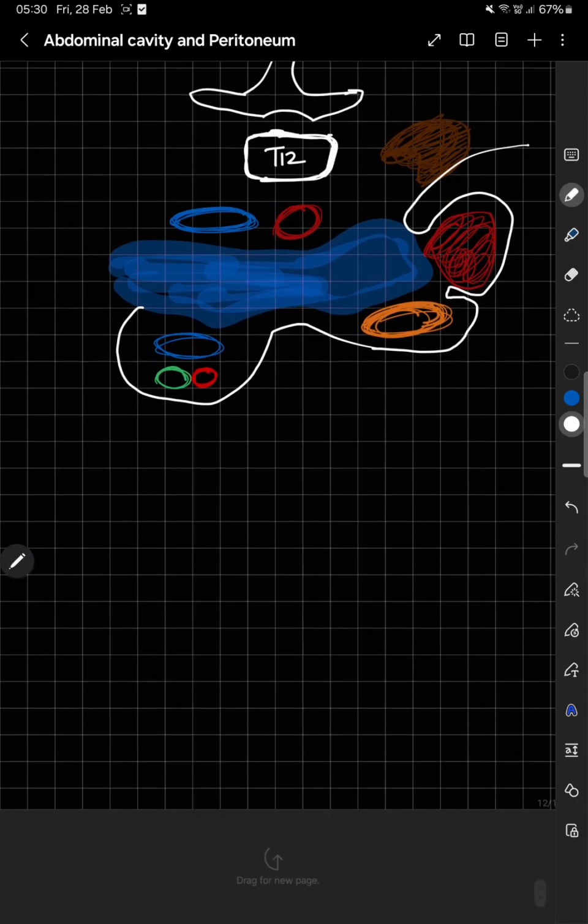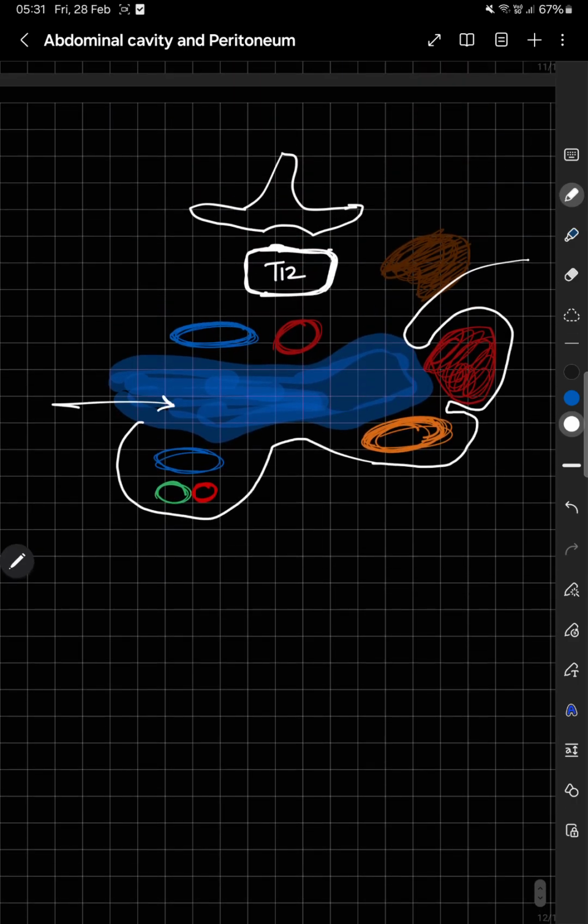So the first thing we have is the narrowing of the epiploic foramen. This is our inferior vena cava, this is our aorta, this is at T12, remember.